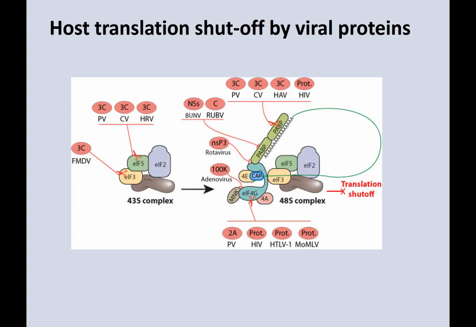And this is pretty common with RNA viruses. So this is showing you in the red circles are different viral proteins, and they're showing you what they target to shut off host translation.